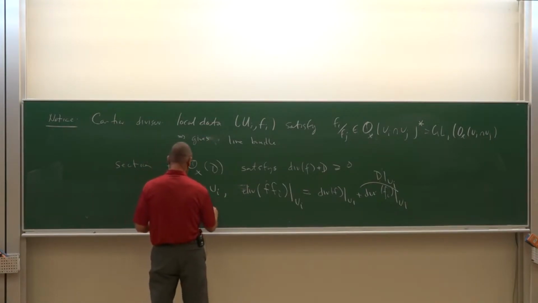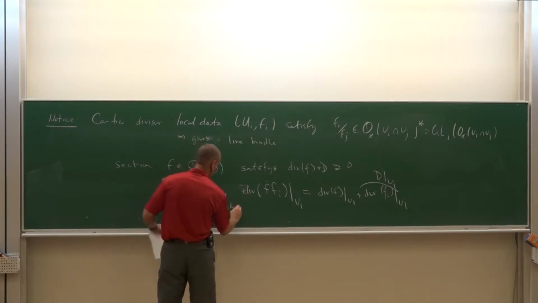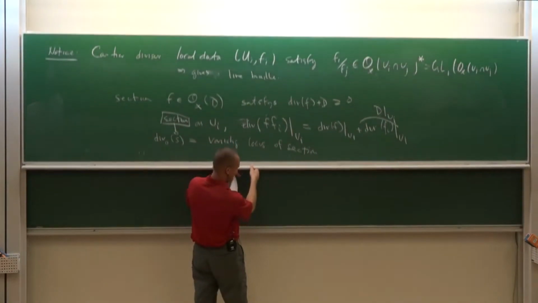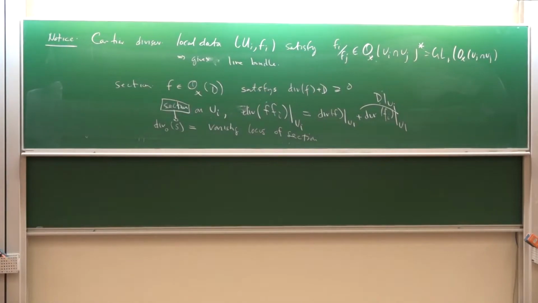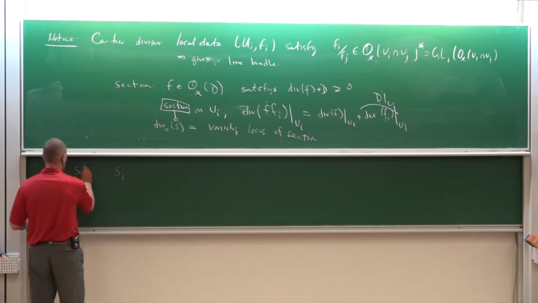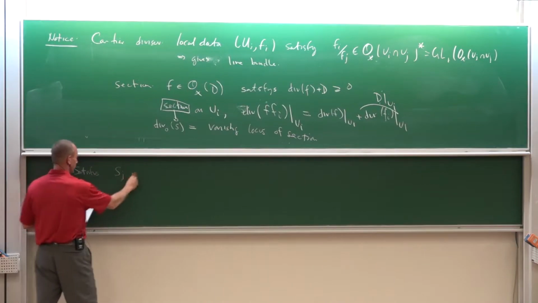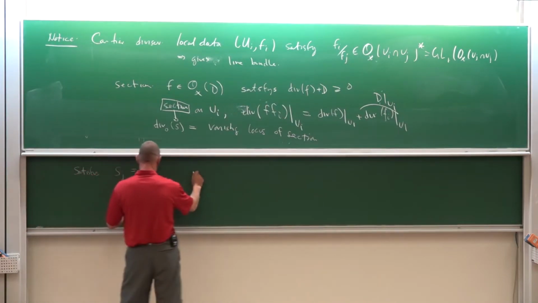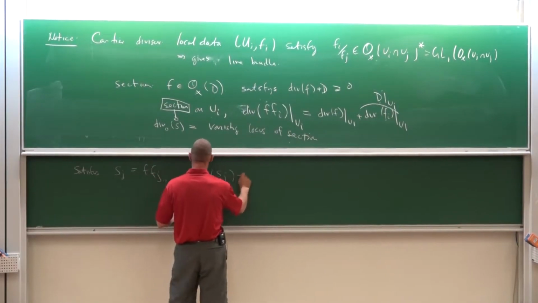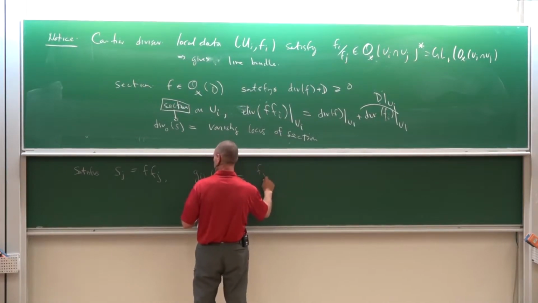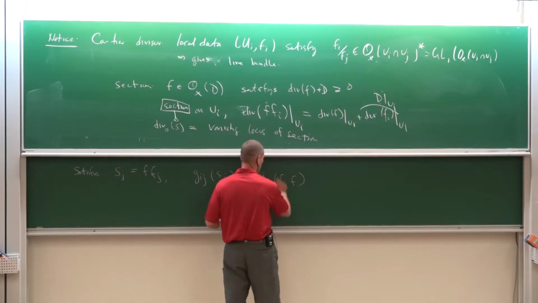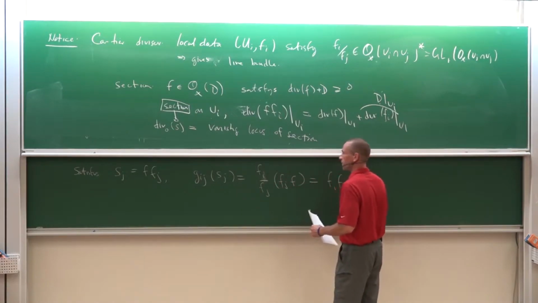And so if we let the vanishing locus satisfy, if s_j is equal to f_j, then we get g_ij of s_j is equal to f_i over f_j times f_j f, which is then just f_i f equals s_i.